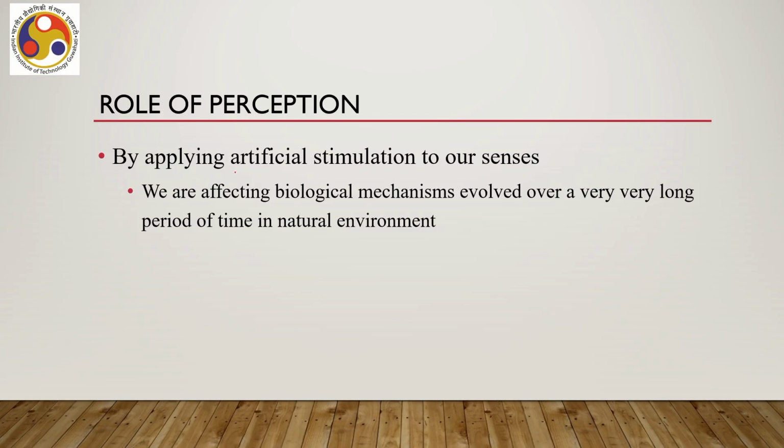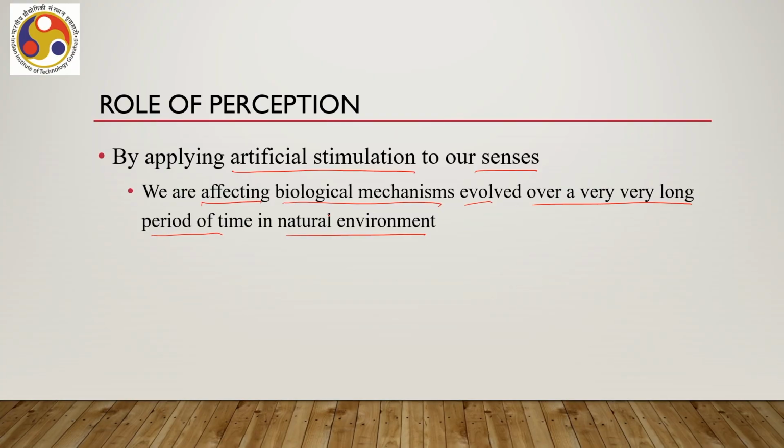By applying artificial stimulation to our senses, we are affecting the biological mechanisms that have evolved over a very long period of time in a natural environment. Our body gets trained to perceive the real world based not only on sensory organs, but also on experience, as we shall soon see how the physiology and the experience stored in long term memory combine together to give us the idea of perception.